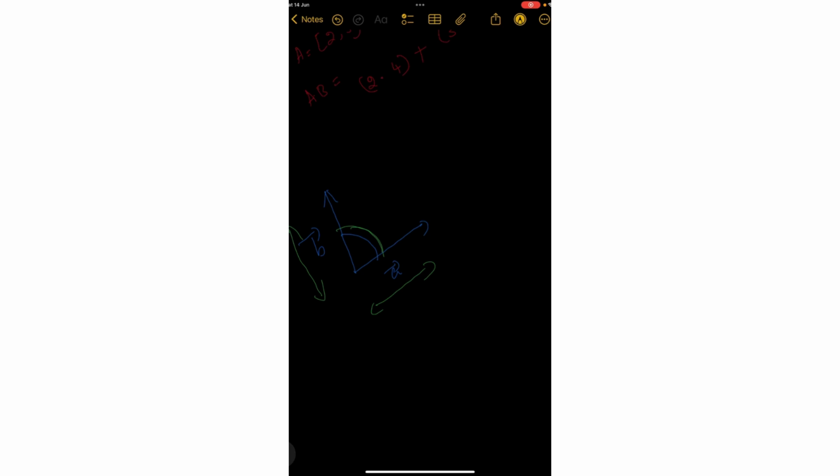So geometrically we can write a dot b equals |a| |b| cos theta. Here |a| is the length of a, which is its magnitude, |b| is the length of b, and theta is the angle between those vectors.